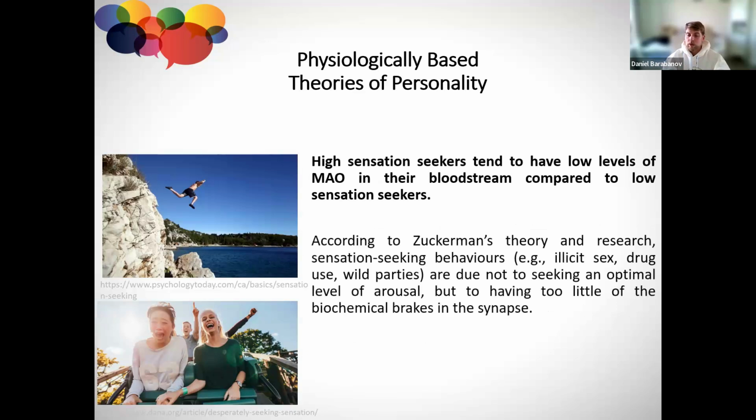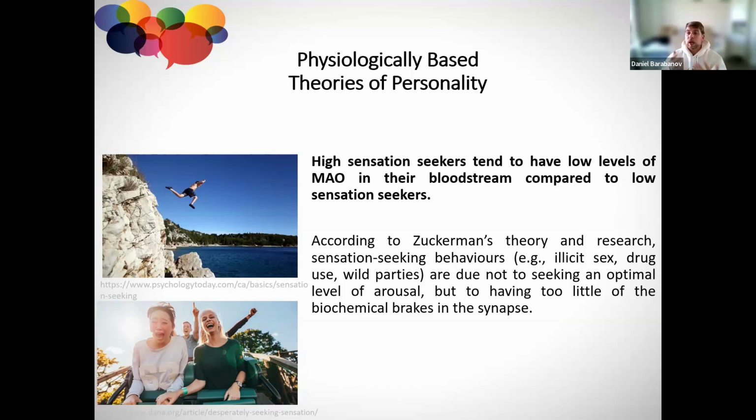According to Zuckerman's theory and research, sensation-seeking behavior is due not to seeking an optimal level of arousal, as some other psychologists hypothesized before, but to having too little of the biochemical brakes in the synapse. Because they lack MAO, too much neurotransmitter stays in the synaptic gap, and it sends more and more messages, and the message becomes stronger.